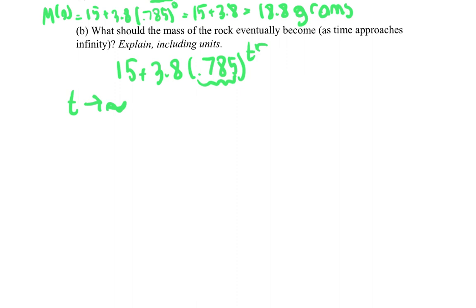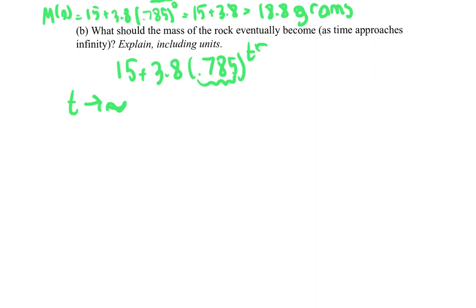So one way you can view this 0.785 is that each year you have 78% left of what you had before. So for example, if you have $100, the next year you'd have $78.5 because you only have 78% of what you had before. So every year you will lose about 21.5%.